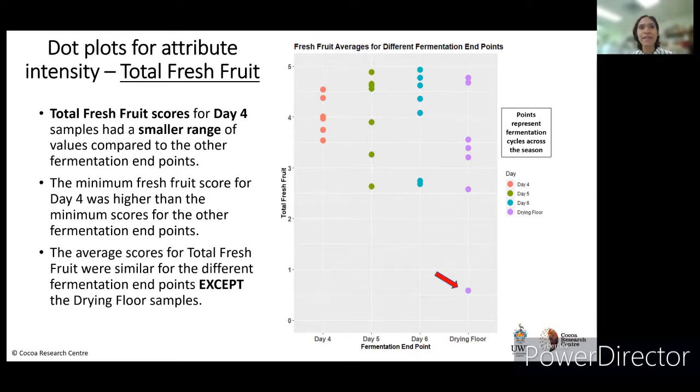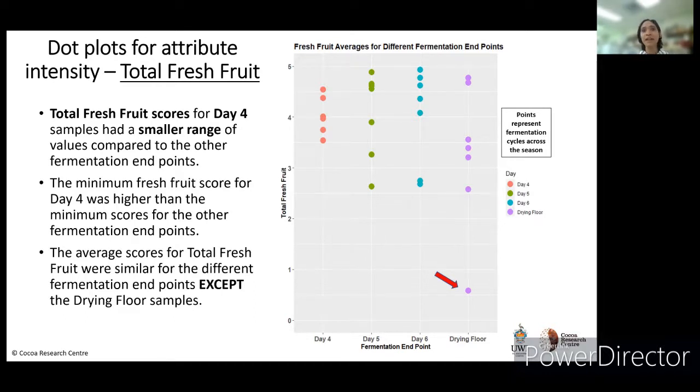You can see here that it had almost no perceivable fresh fruit character and the intensity is very near to 0. This was actually the 9th fermentation batch that we monitored, which had the smallest fermentation mass of the entire crop year at 189 kilograms. What we noticed was that fermentations progressed quicker for smaller fermentation masses.